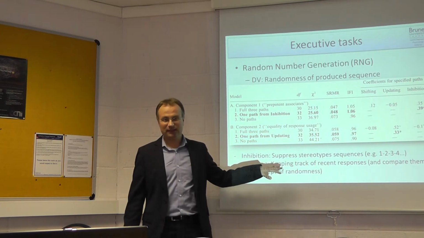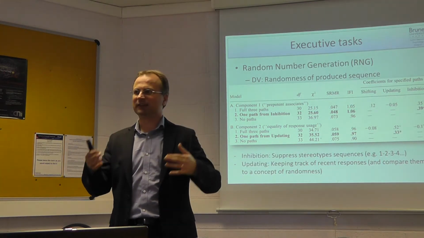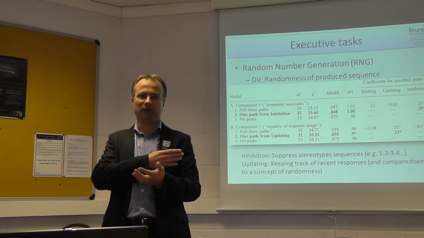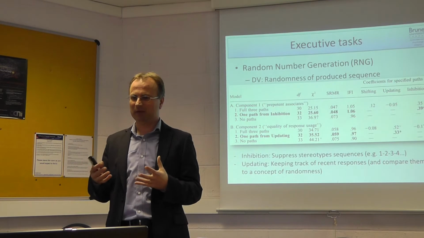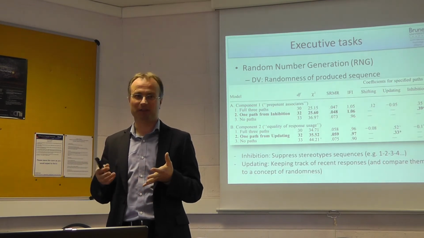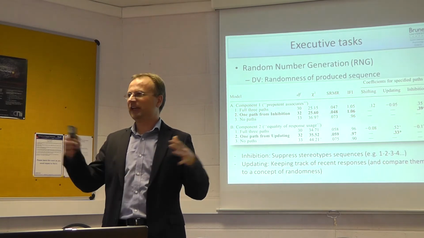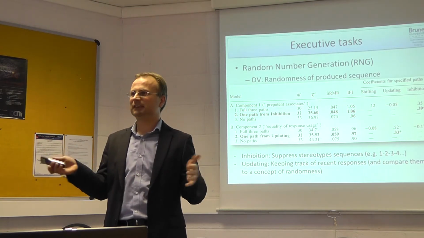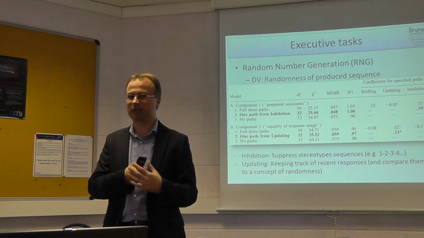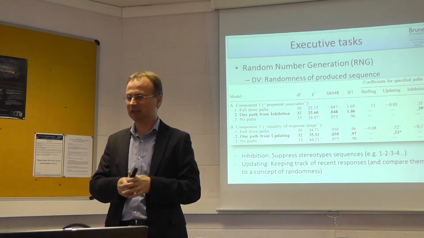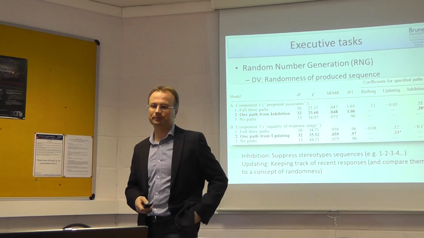And updating is probably important because you have to keep a trace of your recent responses, and then you probably compare that to some measure or concept of randomness. So you say, okay, my last 5 responses, did I use every number from 1 to 9? Did I have number 5 used 3 times in the last couple of tries, so I have to use it less often? So this is about updating of memory components.